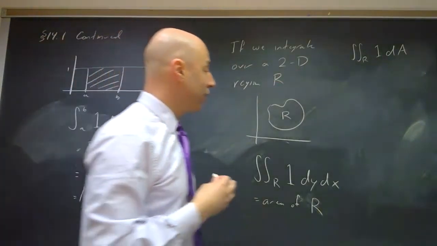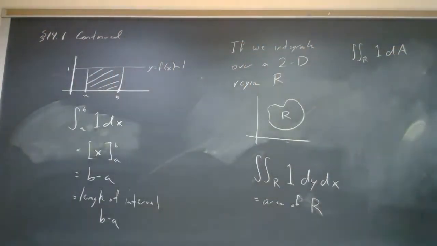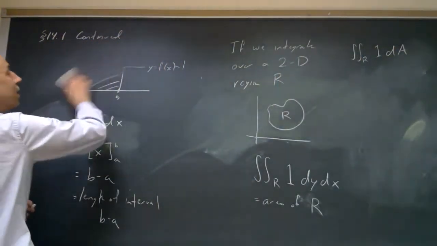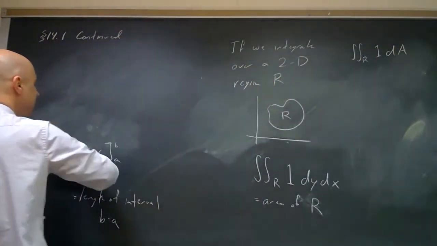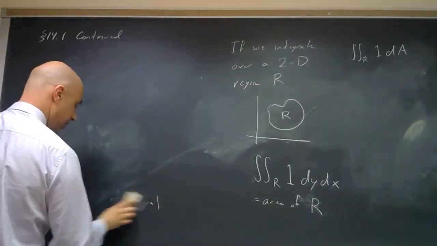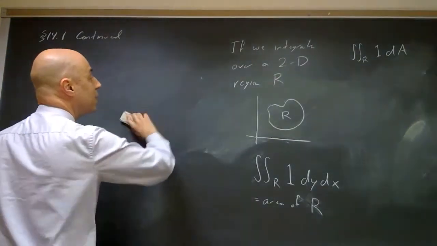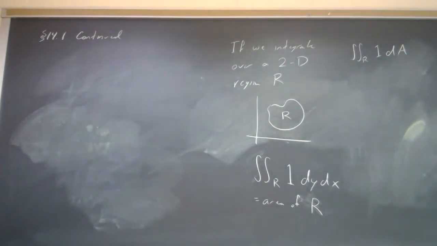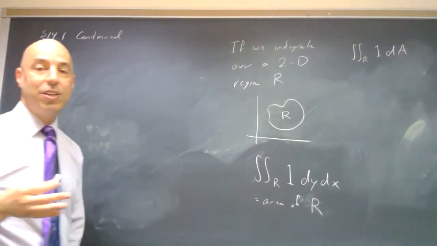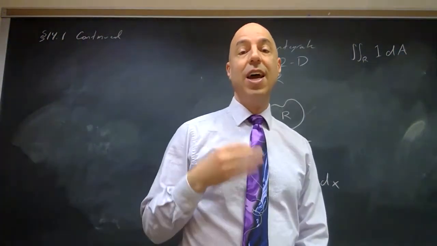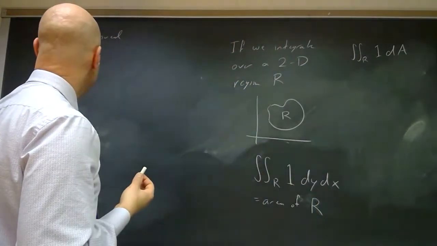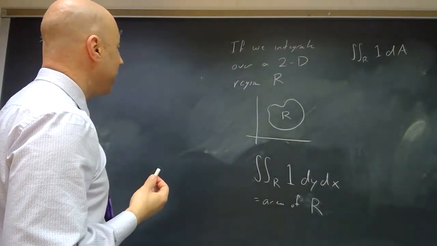Now, we did this iterated integral business yesterday. Sometimes it is easier to integrate with y on the inside and x on the outside, and sometimes it's easier to integrate with x on the inside and y on the outside. Let me give you an example of why that might be true.